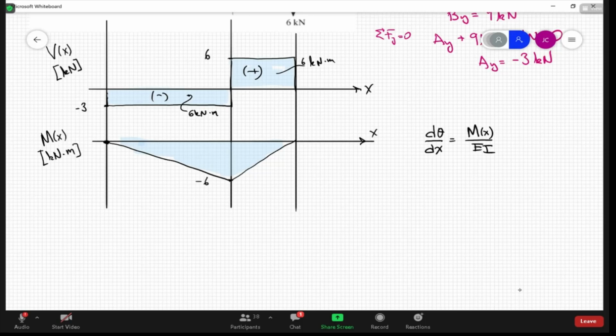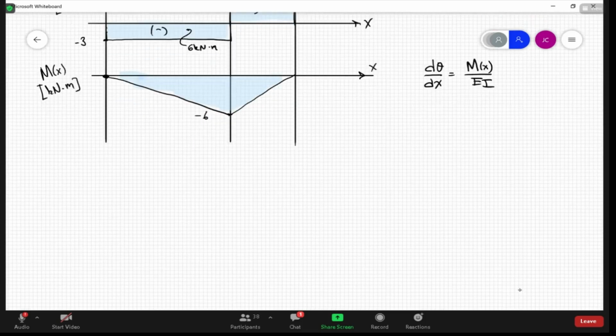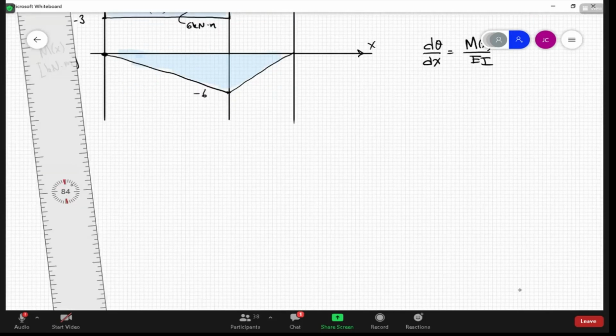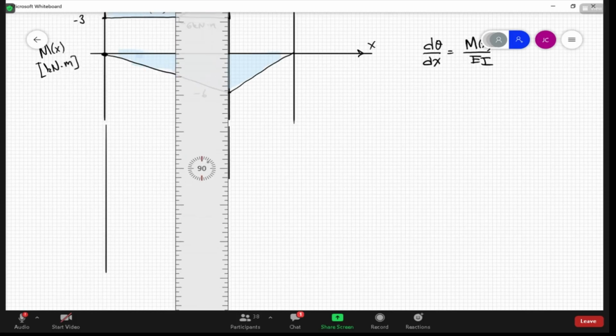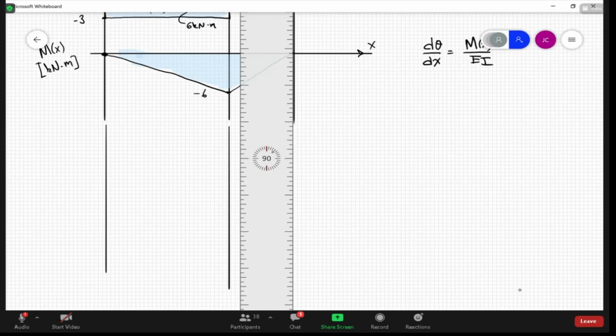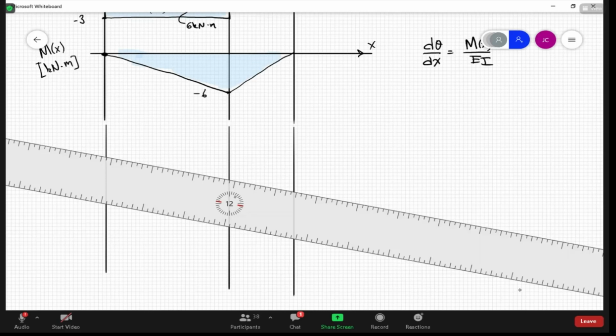So what's it going to look like? Let's sketch it out again. Let's bring these points down. I think it's going to be mostly negative.